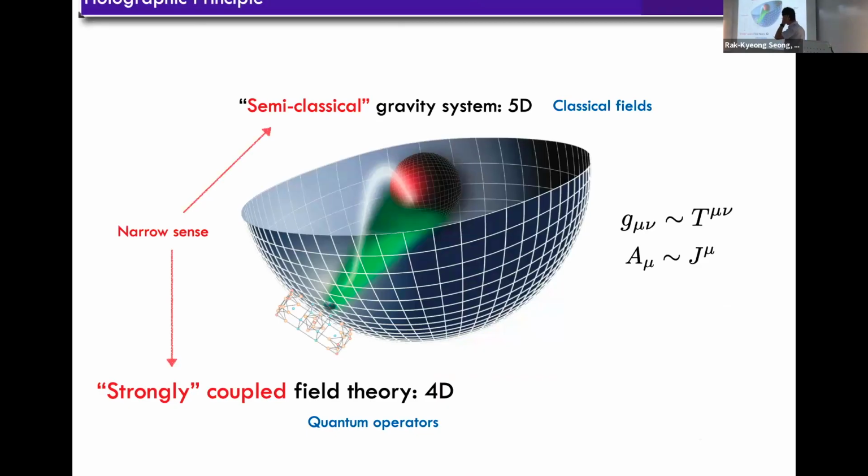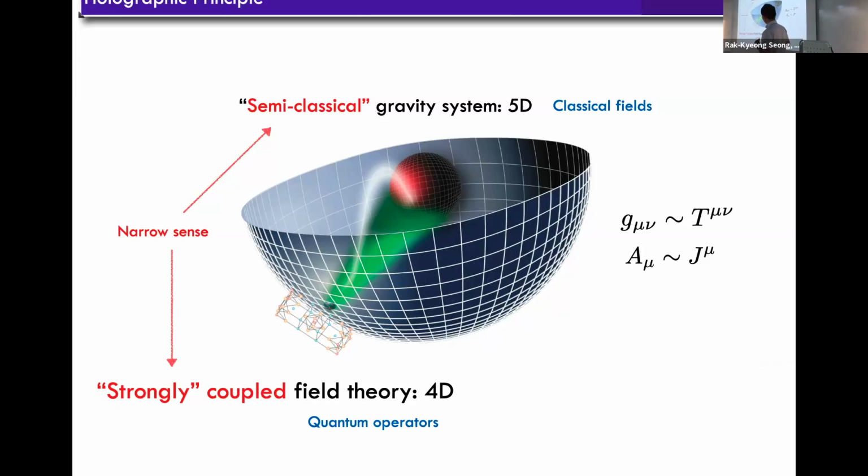Okay, there are many ways, but one way to visualize that is, this red one is the black hole, and you can imagine a screen surrounding that black hole. Again, this is a three-dimensional picture, but you have a two-dimensional world surrounding this red black hole. There may be some dynamics inside this bulk, and there may be some projection of that dynamics onto this boundary.